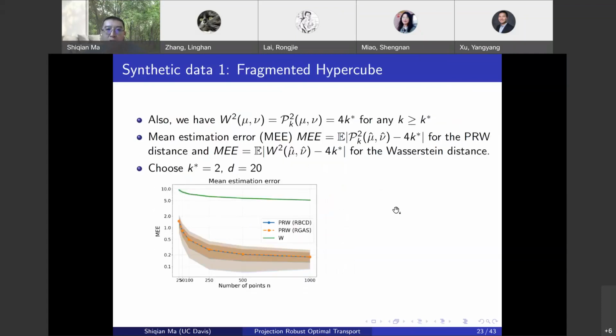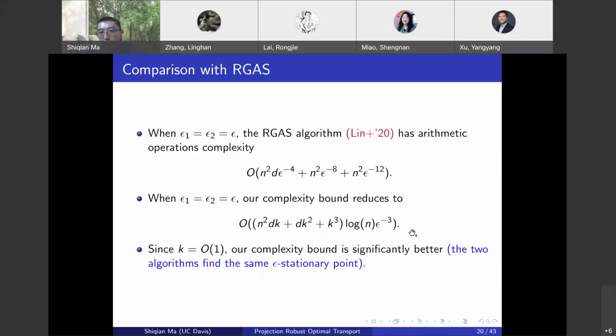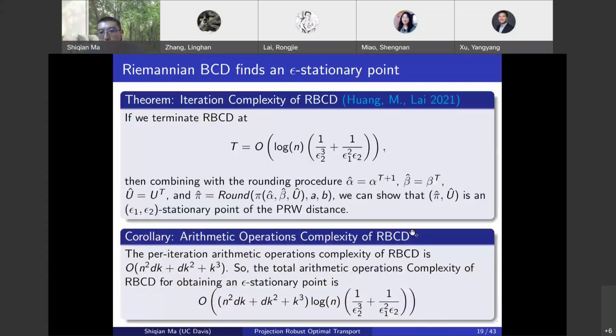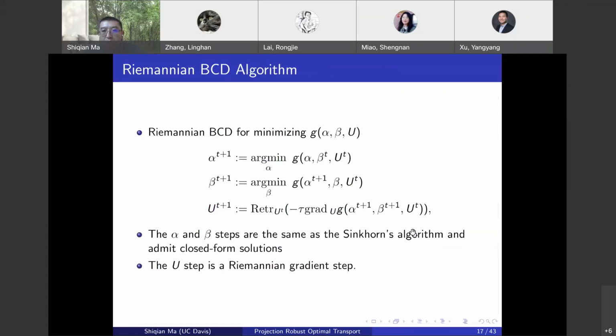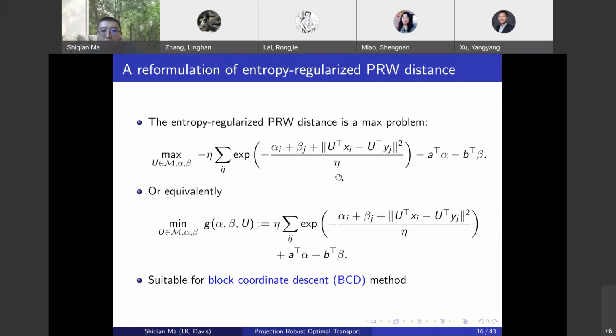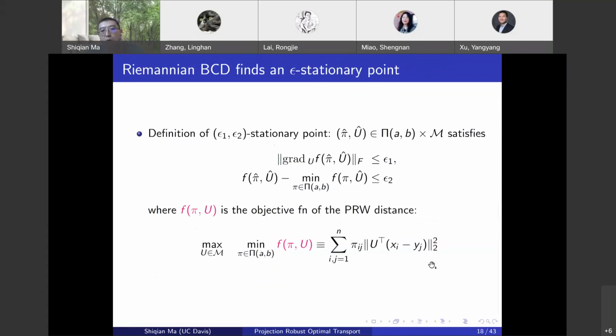Actually, in the synchronous algorithm, people cannot use a very small regularizer parameter. That will cause some numerical issues. So this eta cannot be very, very small. Usually we need to maintain eta at a reasonable level.